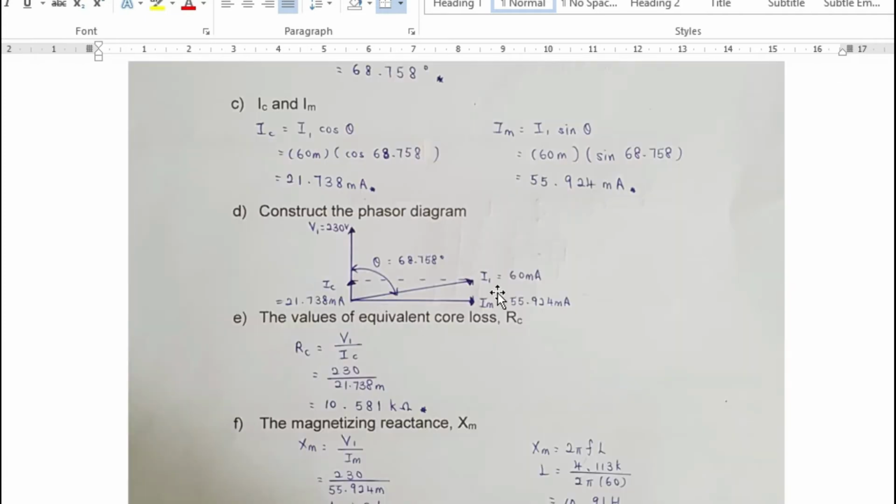This is the phasor diagram, where the angle that we got previously is 68.758 degrees, and the current I1, already given, is 60 milliamperes. The IM is 55.924 milliamperes, and IC is 21.738 milliamperes.